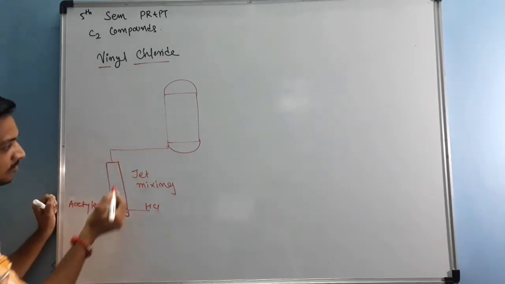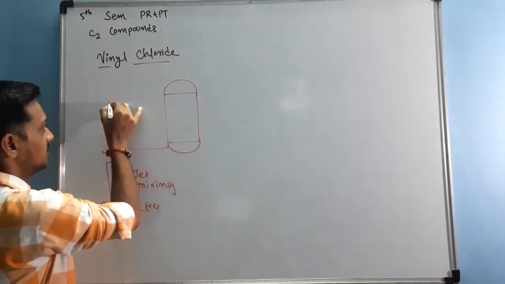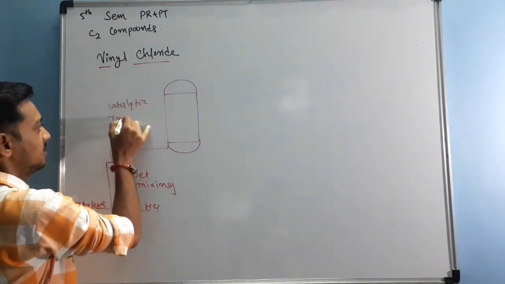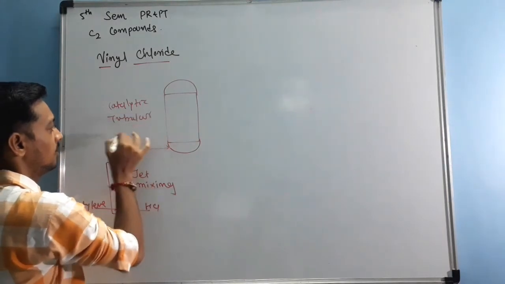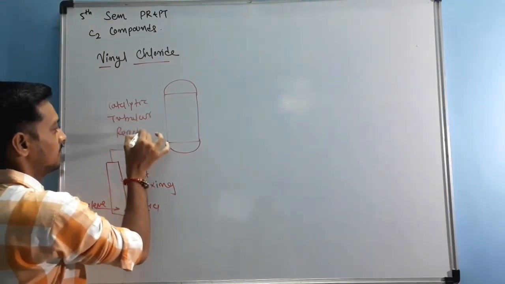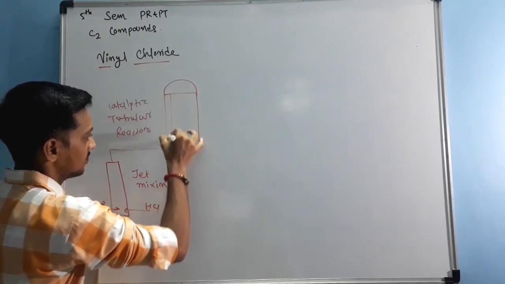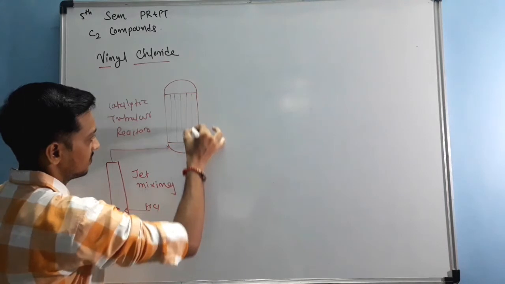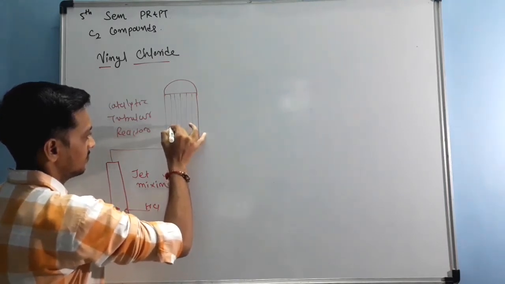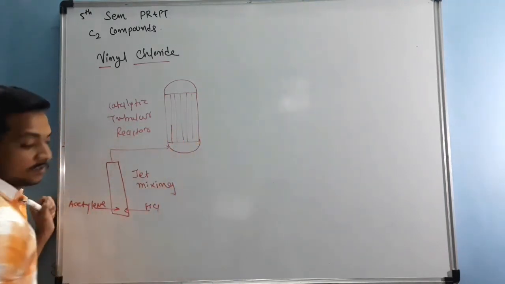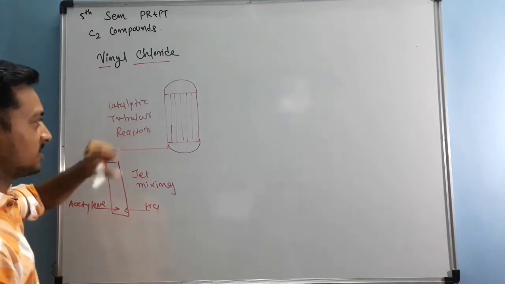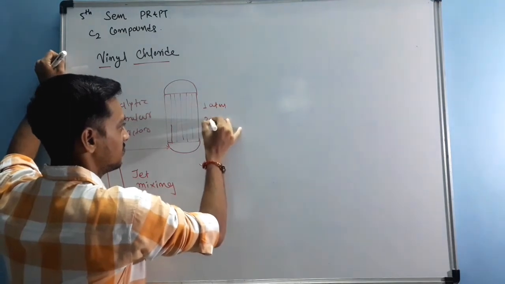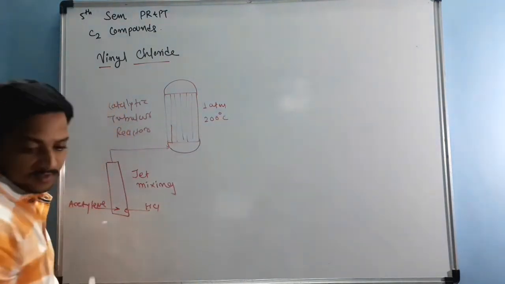The tubes are arranged vertically. The temperature and pressure condition, you know already, is 1 atm and 200 degrees Celsius.